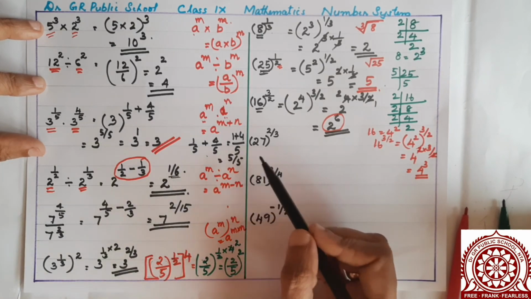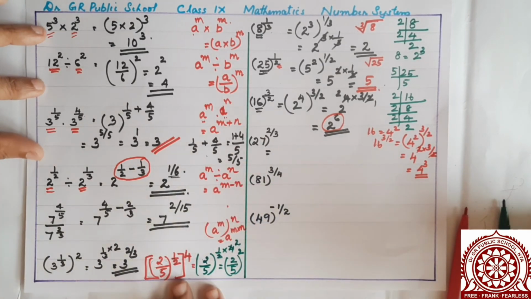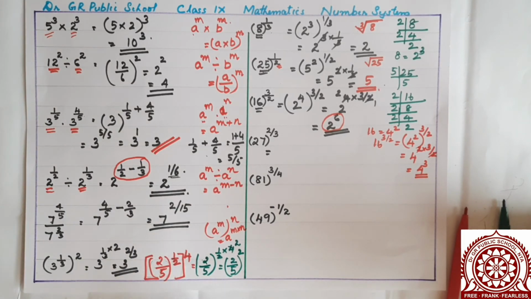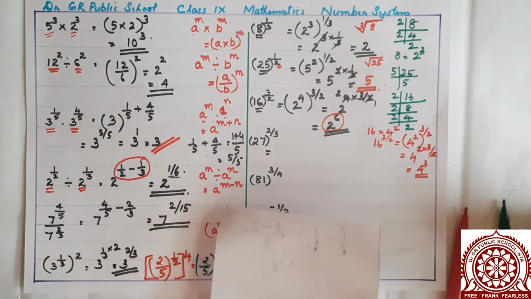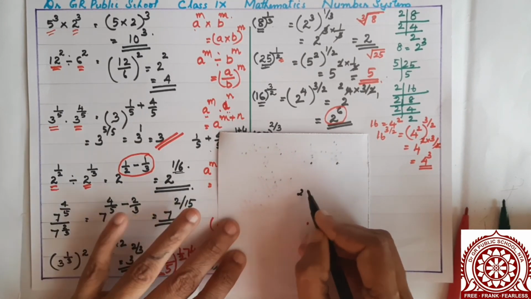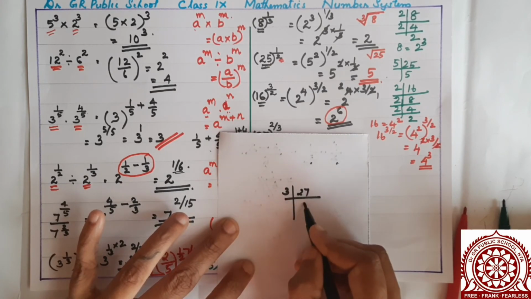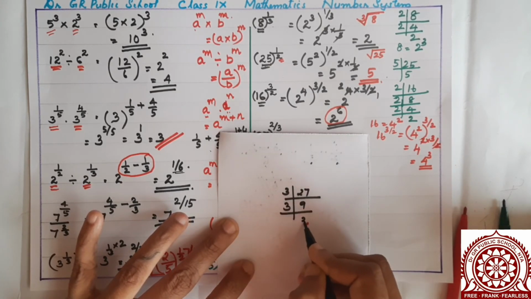Now come to this one, 27 raised to 2 by 3. What is the prime factorization of 27? Prime factorization of 27. 27, 3, isn't it? 9, 3, 3.